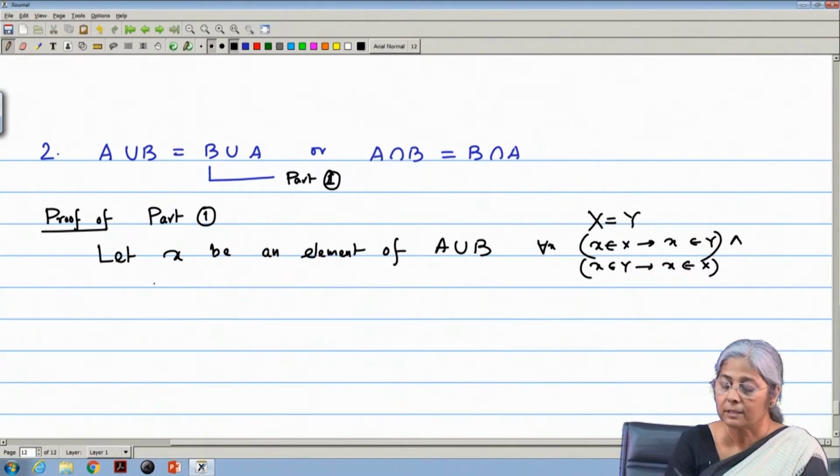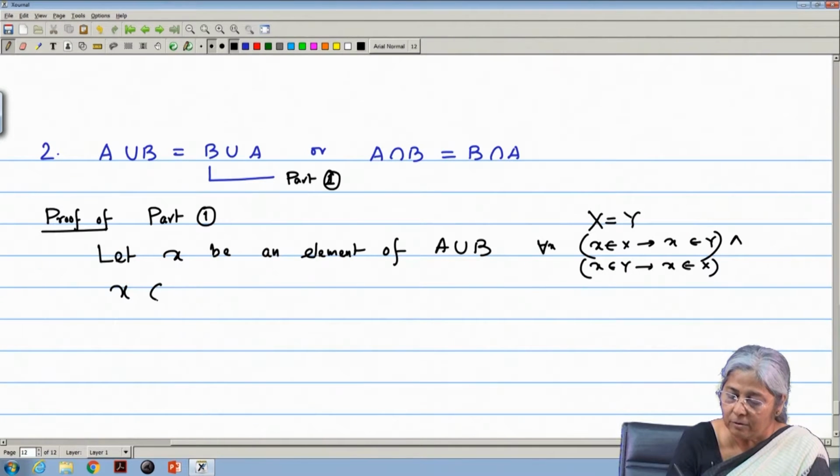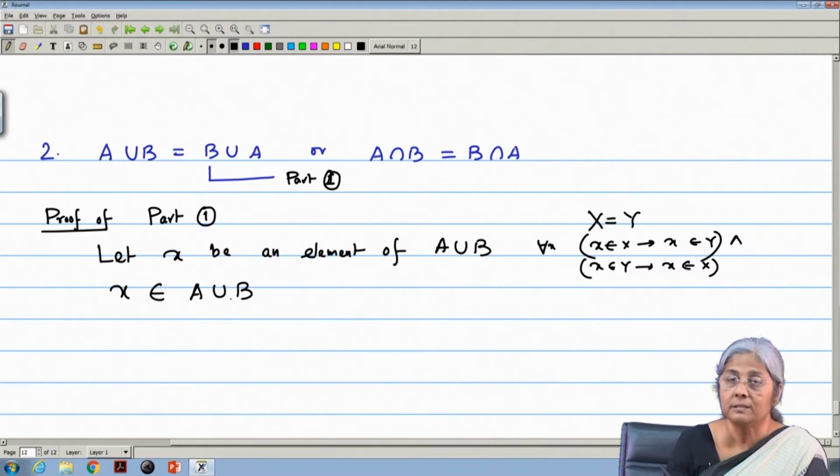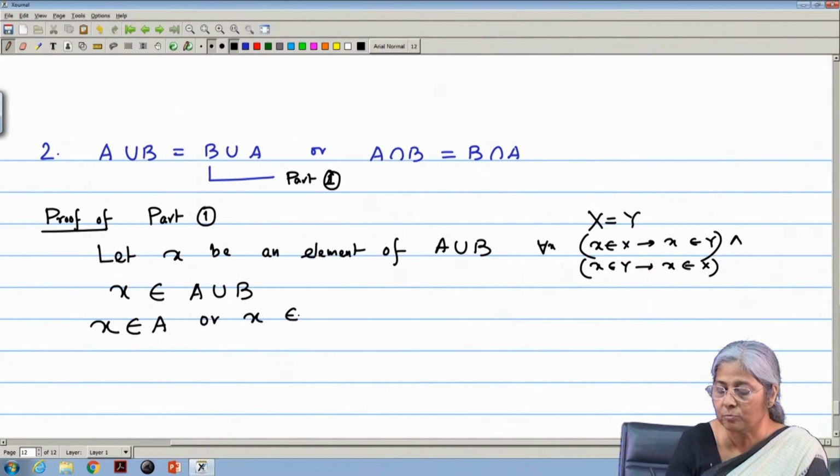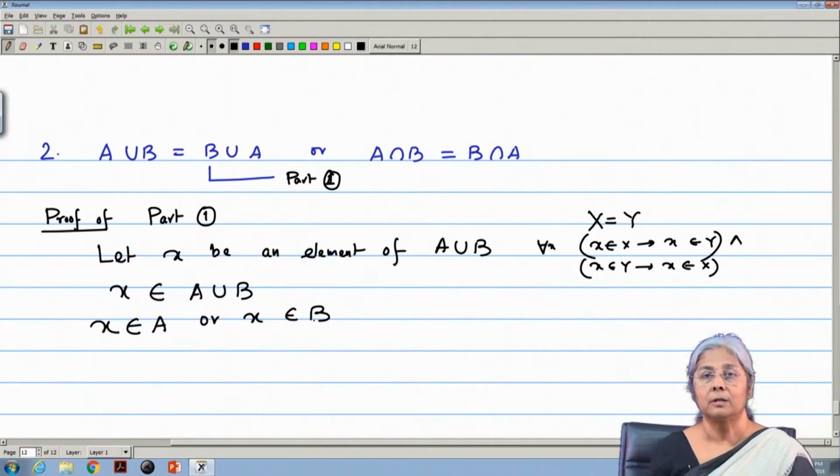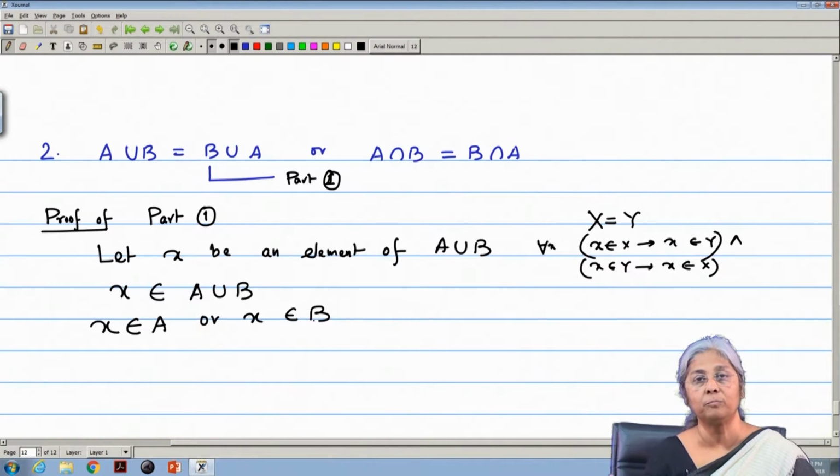So, first we say let x be an element of A union B. Since x belongs to A union B, since it is a union, that means x belongs to A or x belongs to B, because either A or B or both.